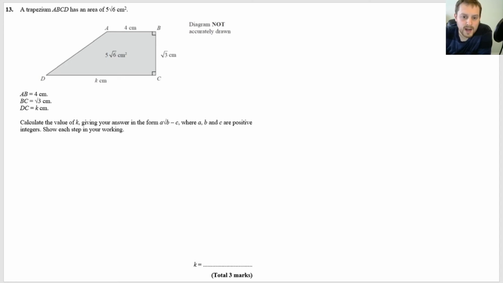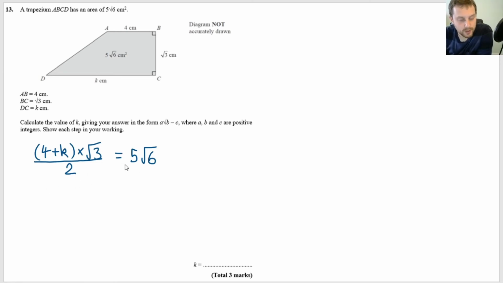So you have 4 plus k, that's if you add up the 2 parallel sides, and then you times that by root 3, which is how tall it is, you're supposed to get 5 root 6, because that's the area. Oh, and halve it, of course. You must halve it.